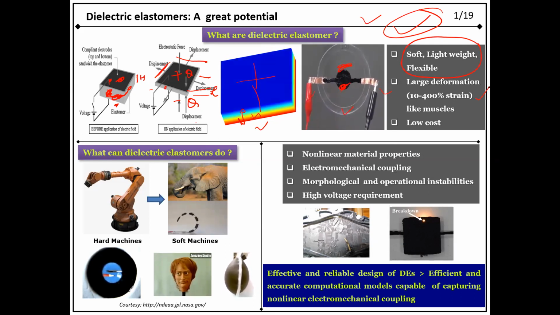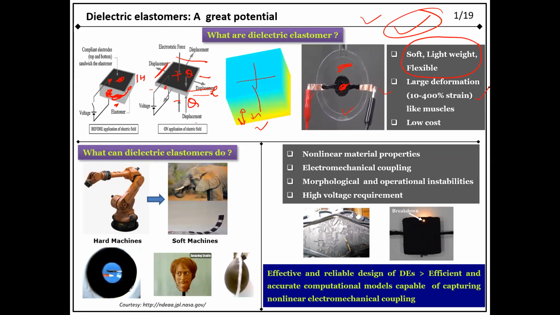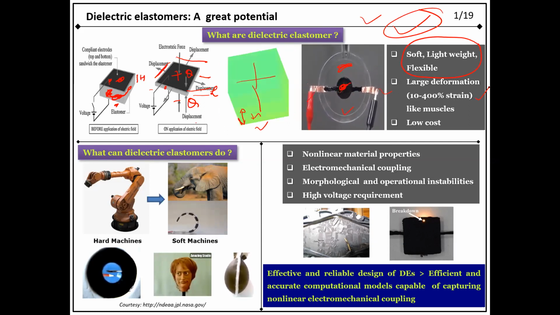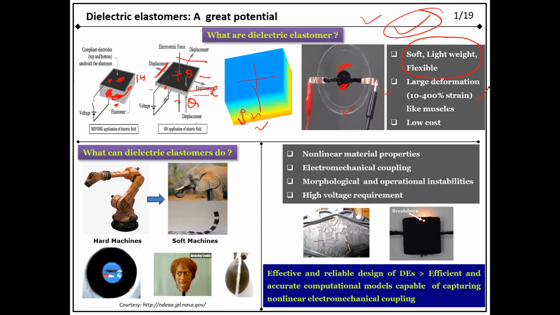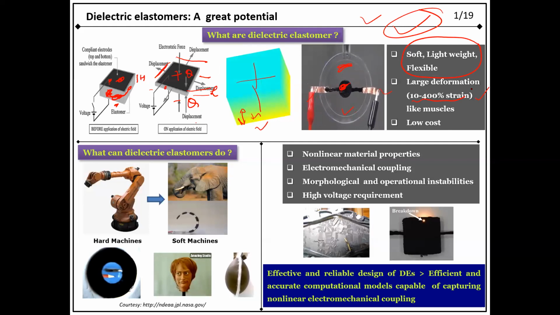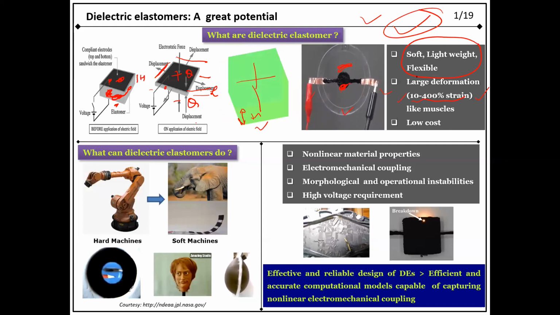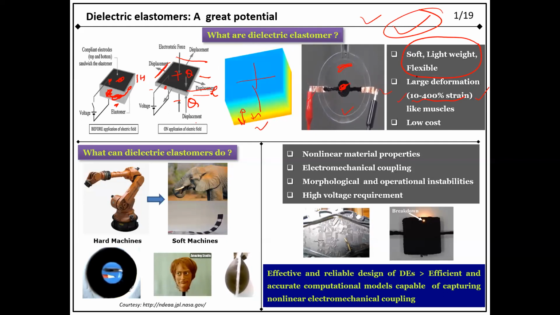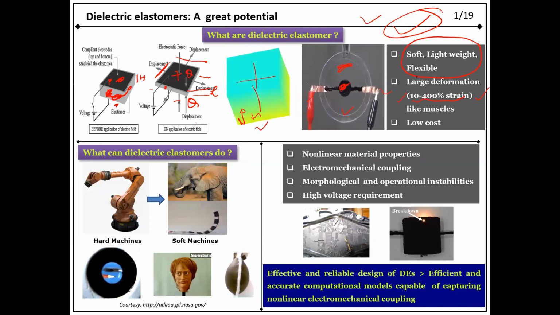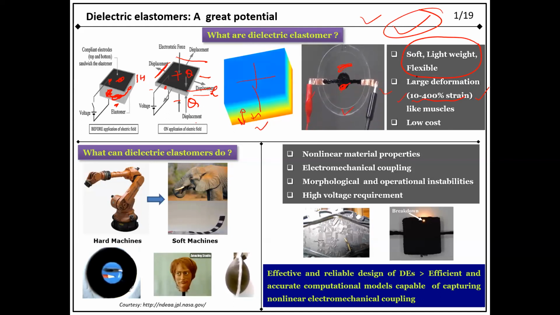If we talk about a rigid actuator, made up of hard materials, we cannot obtain such a deformation level. We can observe muscle-like deformation for such materials. The cost of such actuators is also not too high. These are very cheap.